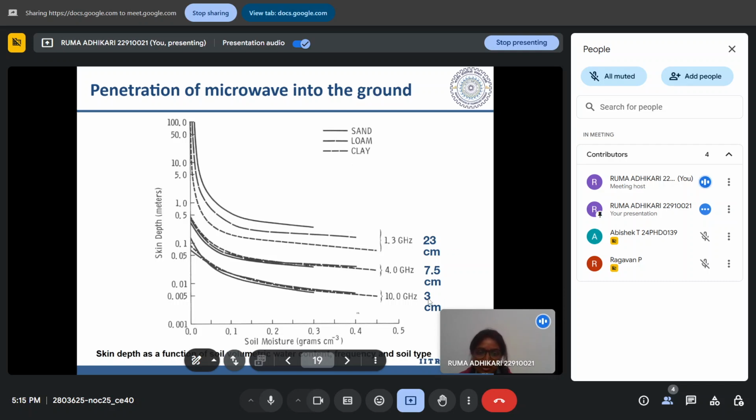Starting from 3 centimeter, if it is lower, it will not penetrate that much. You can see it starts when the soil is totally dry, the grains are not holding any moisture, and it decreases as the soil moisture increases.